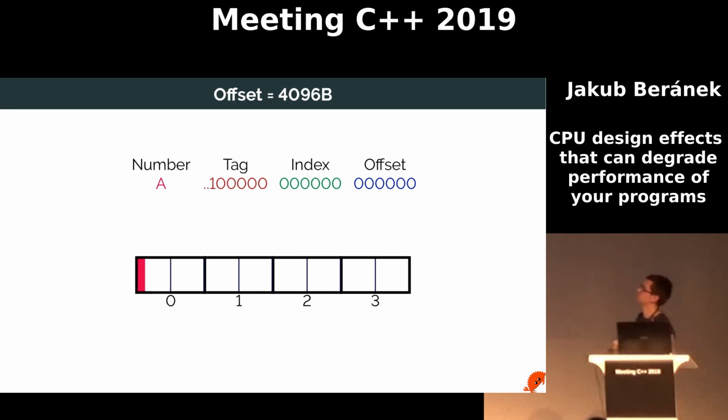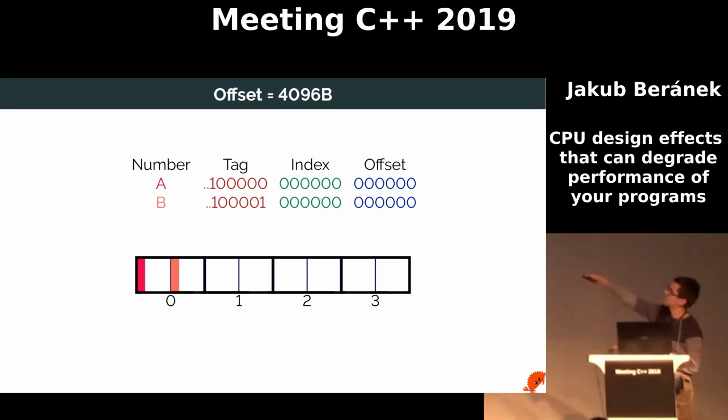Now, what happens in the interesting example when I have offset 4096? When I add 4096 to this number, I will add 1 to the tag. So I will have exactly the same index bits. So in this scenario, I will use the same bucket for all the numbers, right? So those 2 numbers already filled my bucket here.